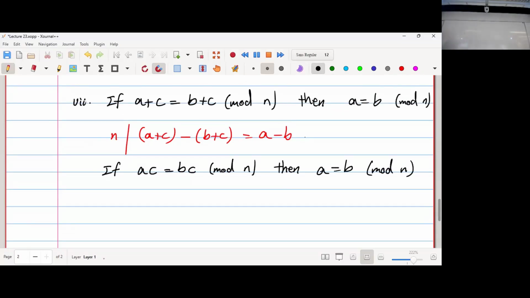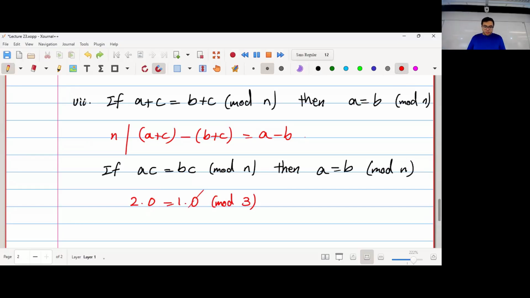Well, I mean, if you just think of the integers without the mod and so on, you already know that you cannot do this kind of cancellation if C is 0. Right. So for example, I have that 2 times 0 is equal to 1 times 0 modulo 3, but this doesn't mean that I can cancel the zeros. 2 is not the same as 1.